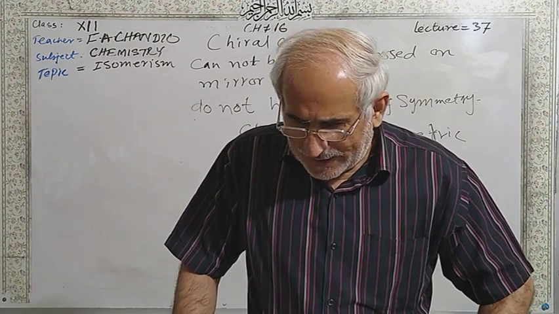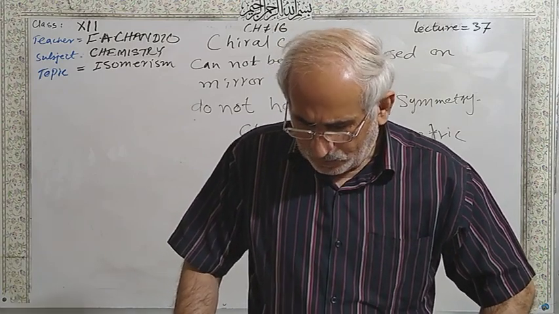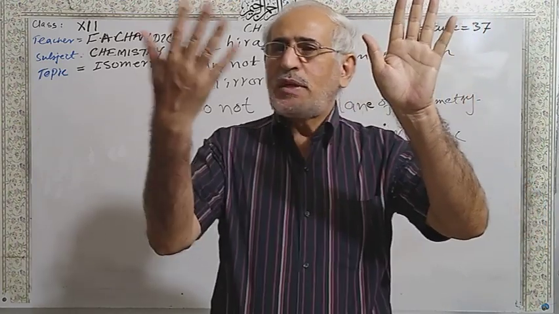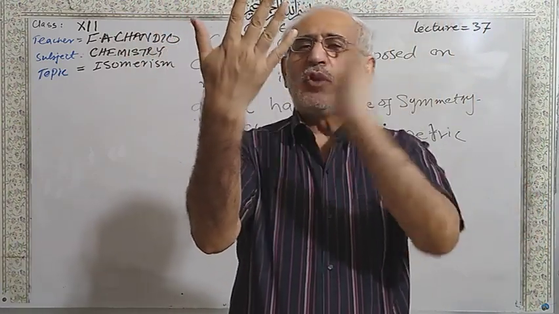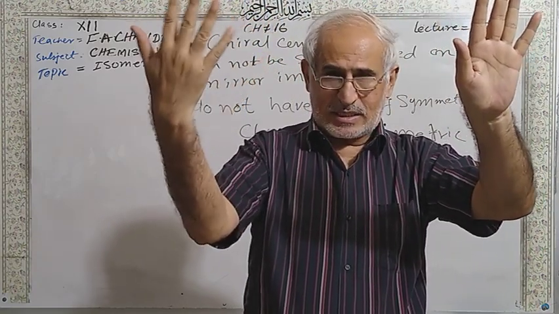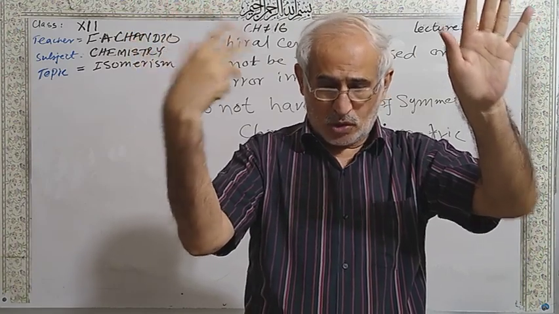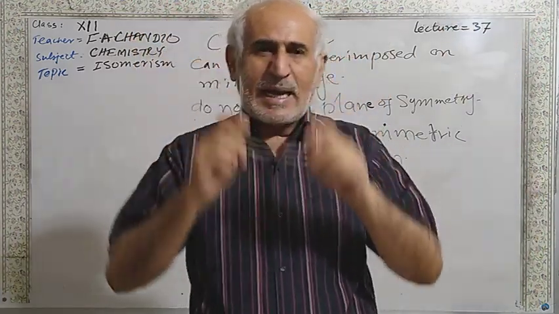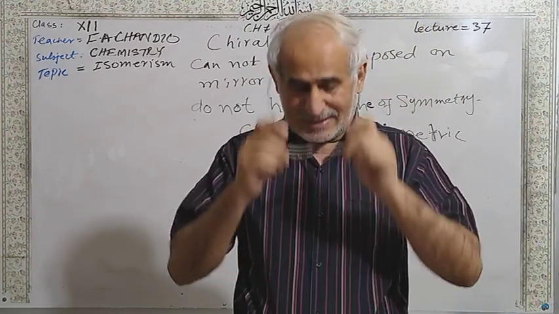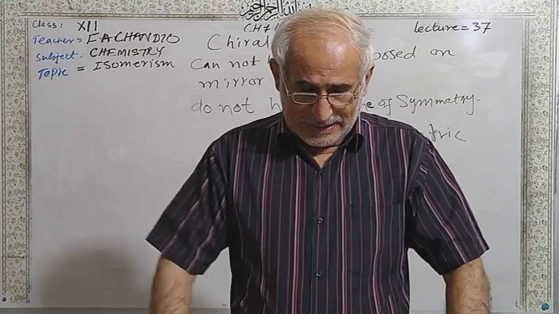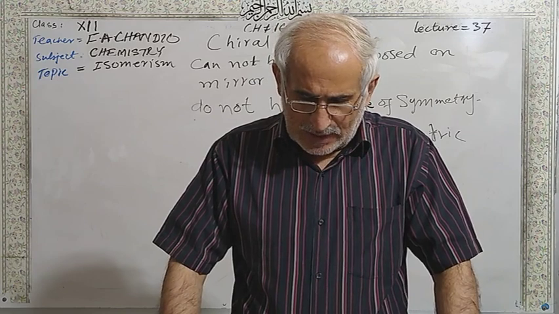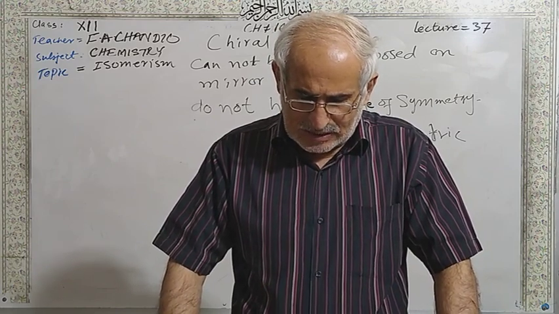You can see in the diagram, page number 129, if you put your left hand in the mirror, you will see it is the same as the right hand. So it will not be similar to another left hand, but it is similar to your right hand. This is called chiral center, chiral molecule, asymmetric, dissymmetric.